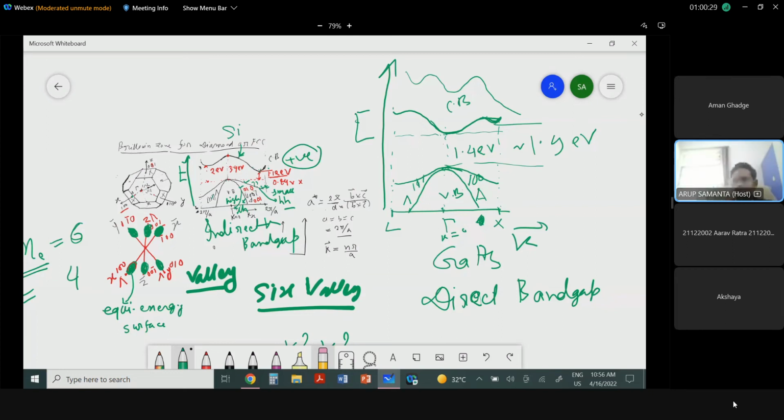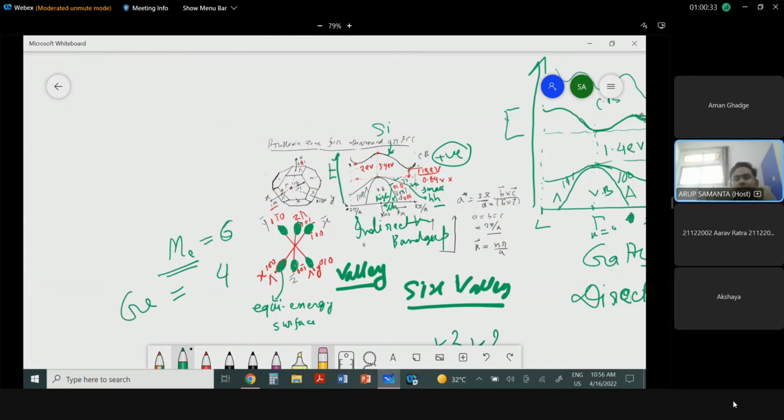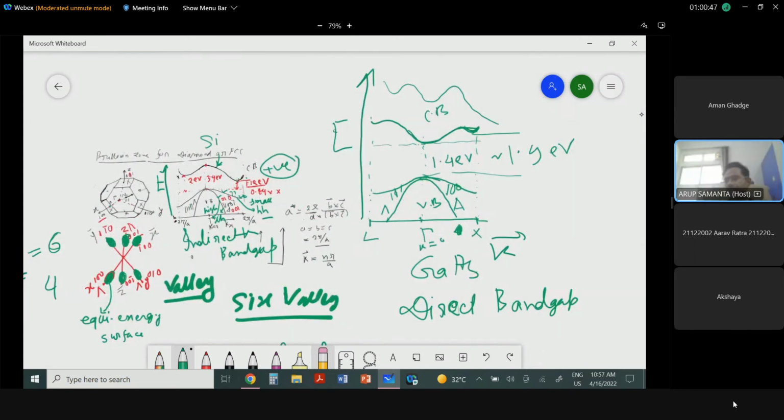In the case of germanium, we consider the structure, the minima should be along here, along this, and it is tentatively 8, but half of this is considered. So 4 valleys will be there in the case of germanium, and it can vary from material to material.